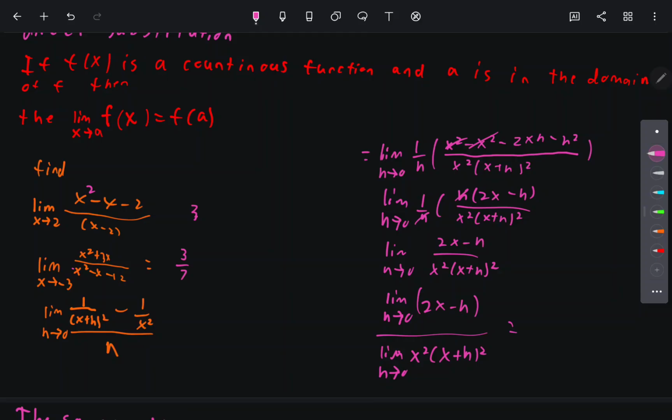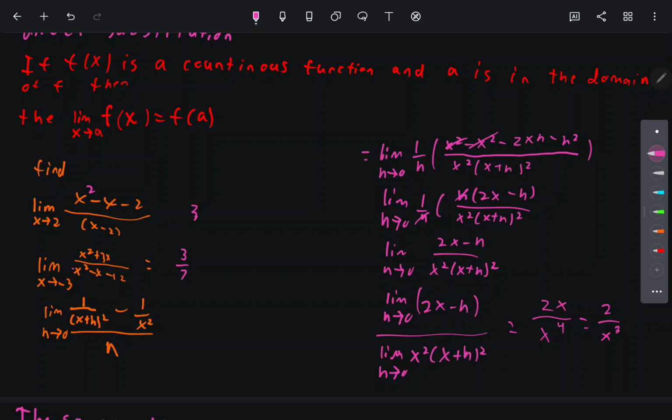This is going to just approach 2x, as we can just direct substitute in 0 for h. And in this denominator, once again, this is going to look to go to, let's see, give me one moment. Alright, this bottom is going to go to x to the 4th. And these x's will cancel, so we're just left with 2 over x cubed.